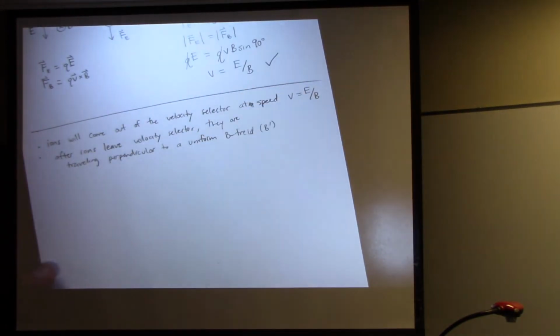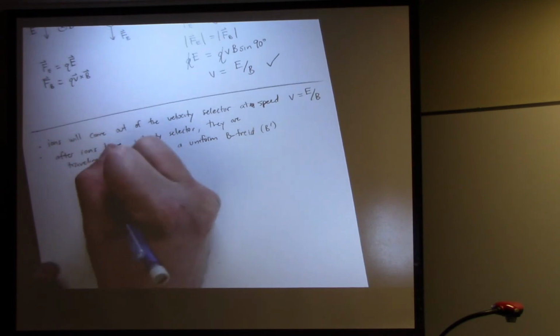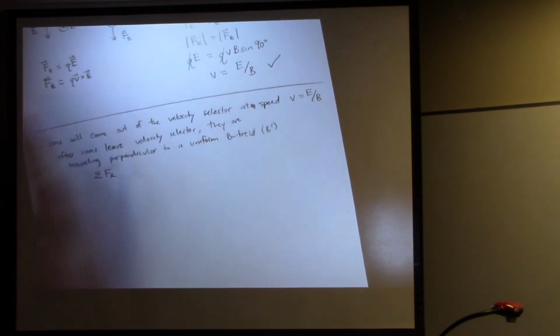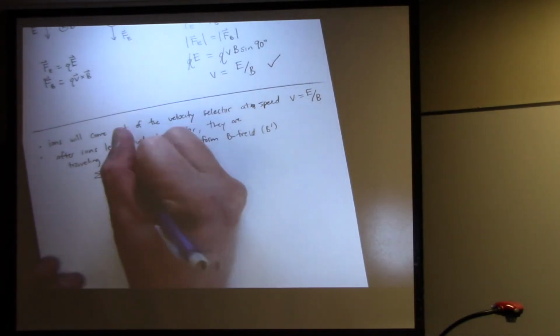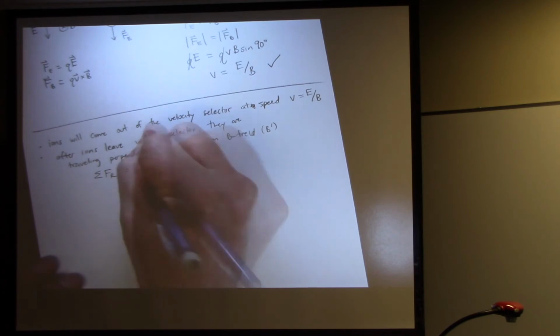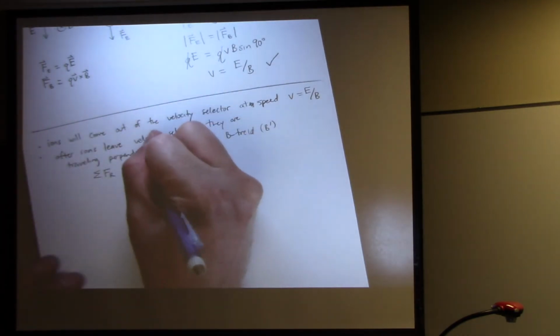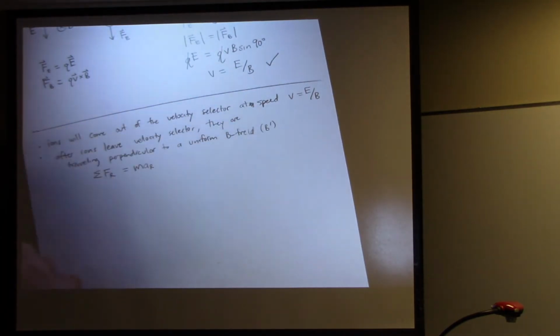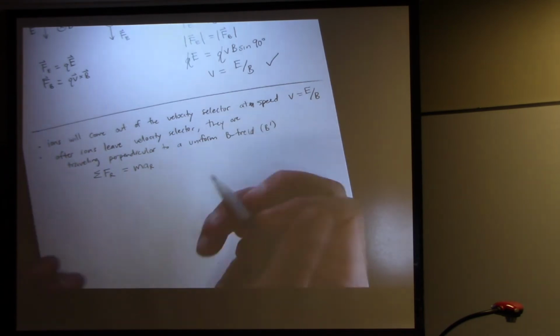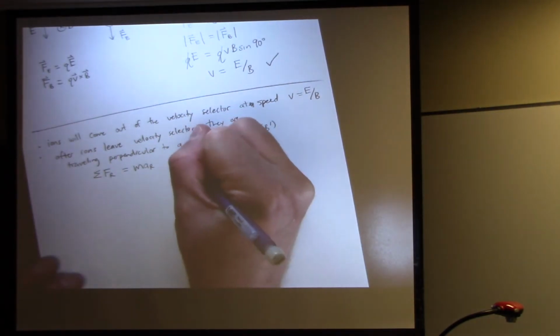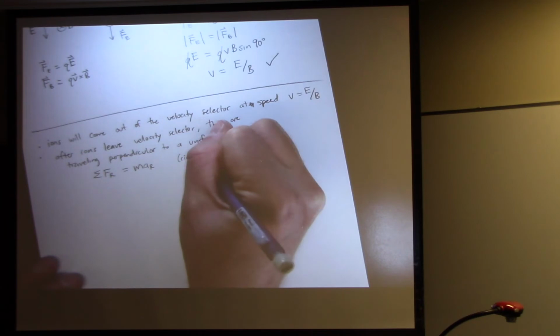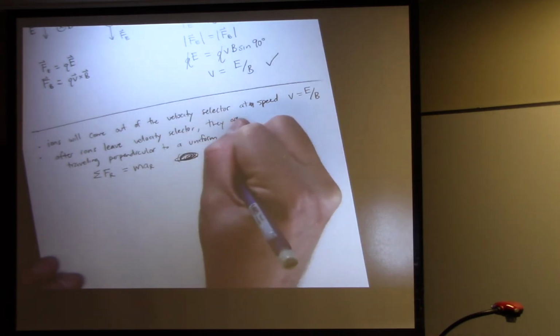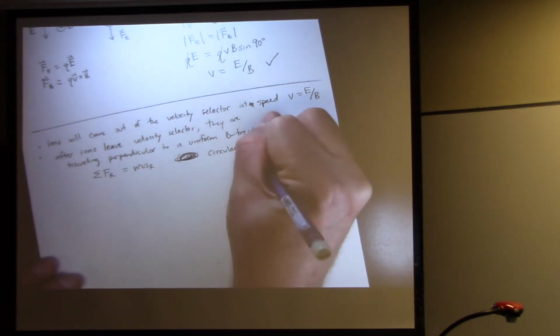Okay. So let's apply Newton's second law to analyze what happens when they're just in this uniform B field after leaving the velocity selector. Well, we know that the net force is equal to mass times acceleration. We know we have some kind of circular motion going on here. So let me take note of that, circular motion.